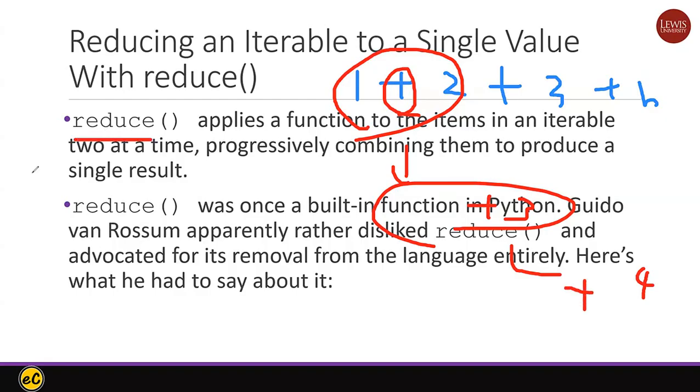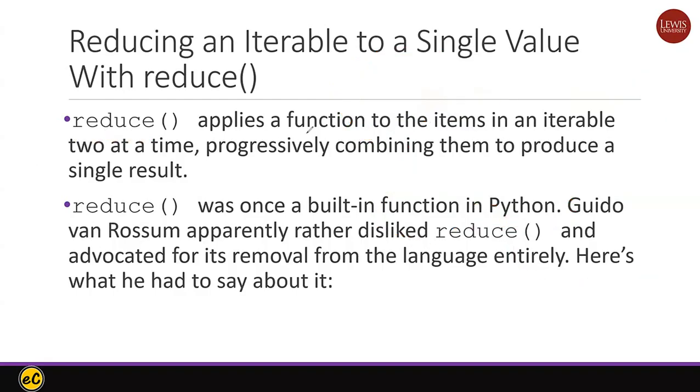Okay, that is the reduce function. So reduce is a function that applies to items of the iterable 2 at a time and combines them together to produce a single result. We call it aggregation.